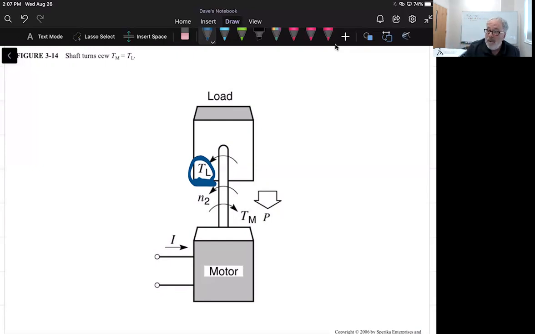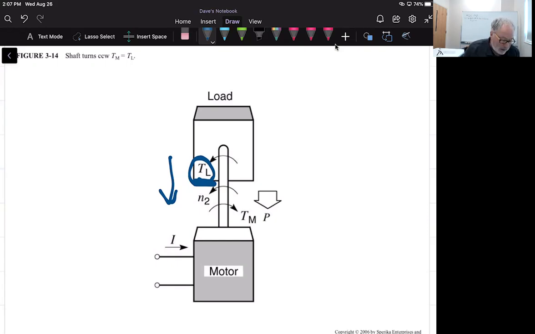A big part of motor study is this idea of reversing motor direction, and we'll look at all sorts of practical aspects of that. As long as the load torque exceeds the motor torque, it's going to act in the opposite direction from zero and then start to rotate in the opposite direction.